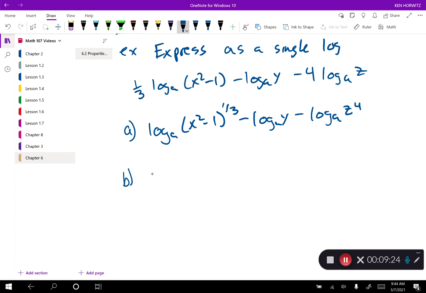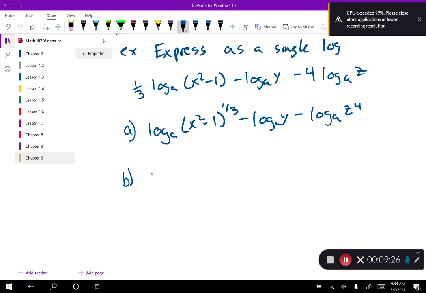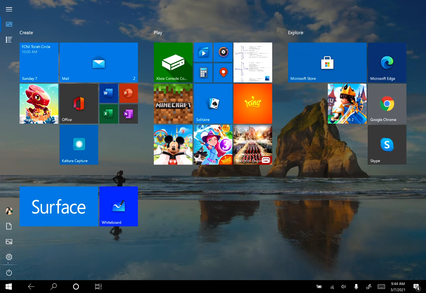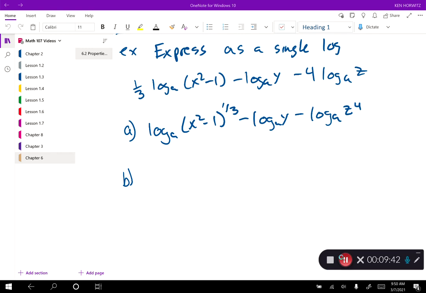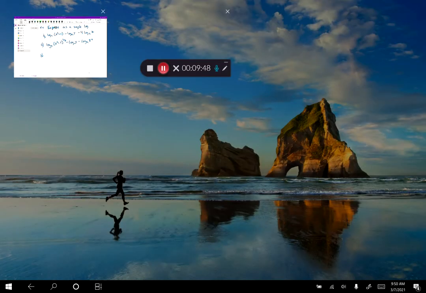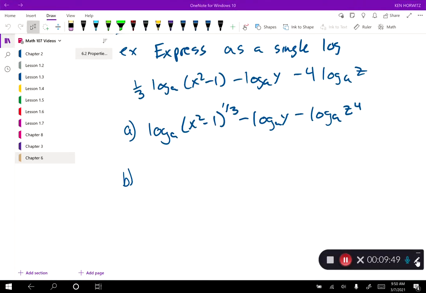So my second step, like I said, is going to be a little bit of algebra. The algebra is going to come in with the second part of my equation.